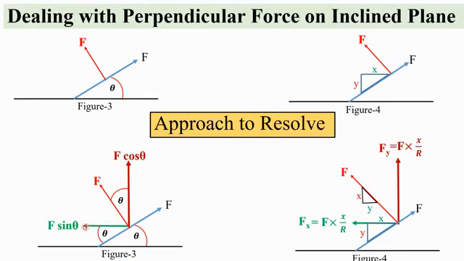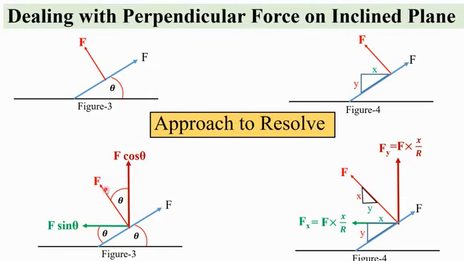Why? Because this is the parallel and this is the intersecting line, so this angle and this angle will be equal from the geometry. Again, you come, this is 90 degrees and this is also 90 degrees.